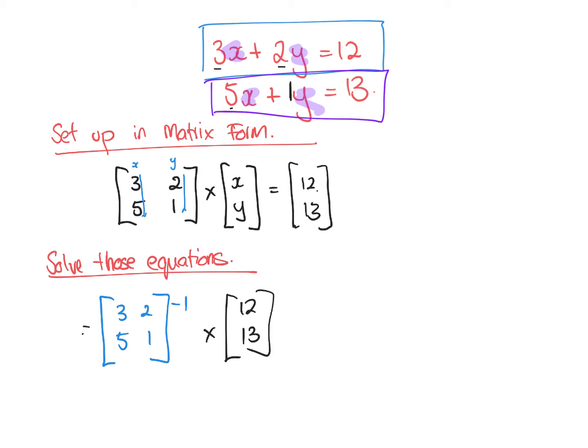So this is what X and Y equals. We'll get an answer when we put it in our calculator, and we'll be able to say the top answer is what X is and the bottom answer is what Y is.